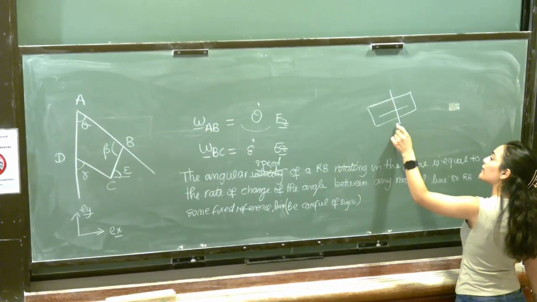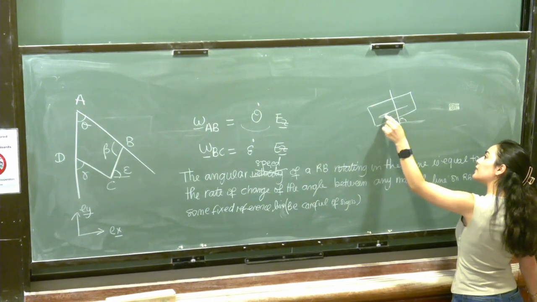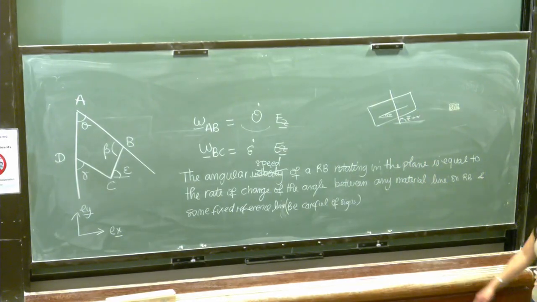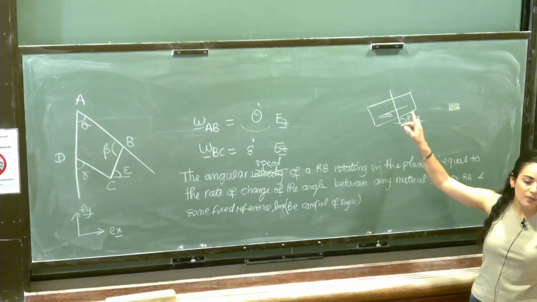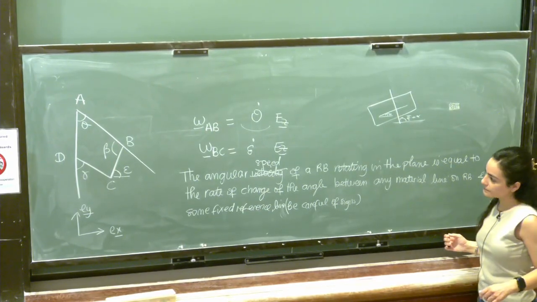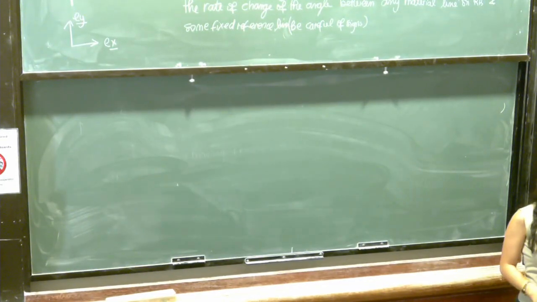So if I look at this line here and this line here, if this is alpha, this is pi by 2 plus alpha, the rate of change of these two angles is going to be alpha dot. So it's the same, no matter which material line I consider on the rigid body or any fixed reference line in the plane. Does that make sense? Okay, cool. Questions?